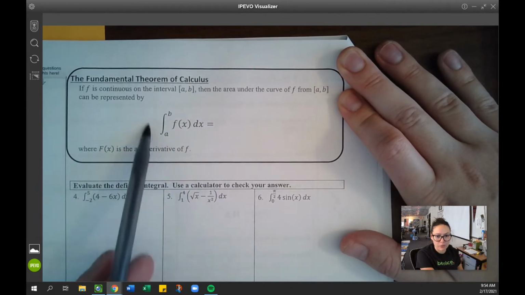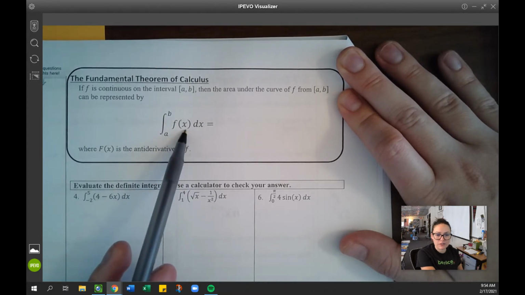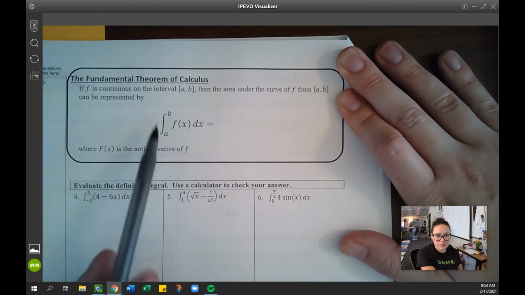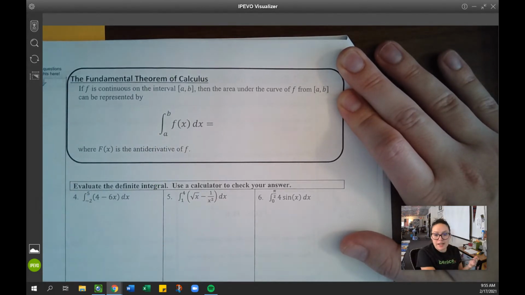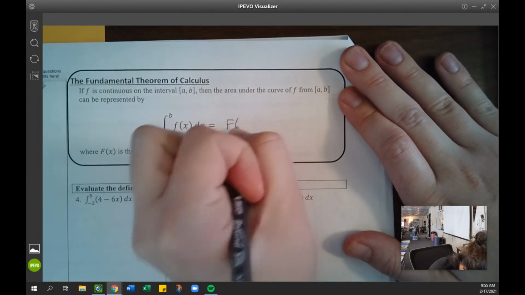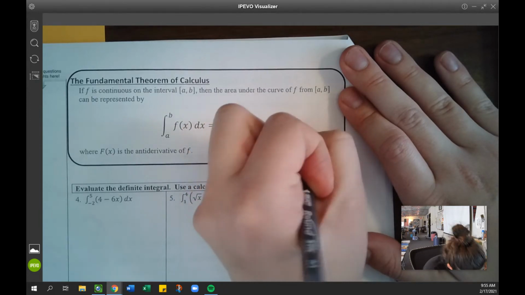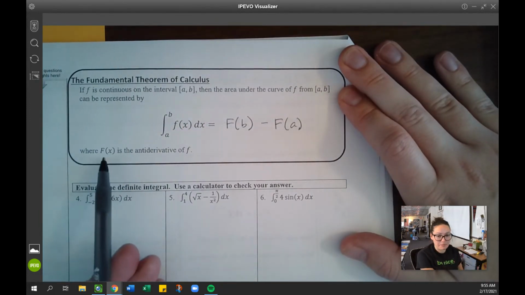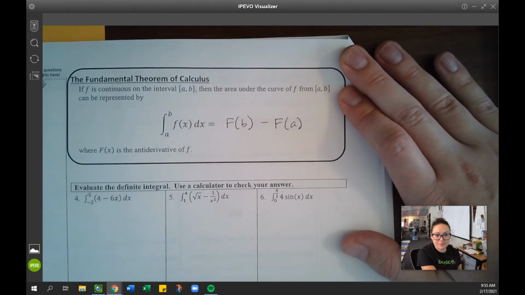So this is notation that we're familiar with, right? We're finding the area under some curve, f of x, from A to B. And this is what it is. It is big F of B minus big F of A, where big F of x is the antiderivative of little f.